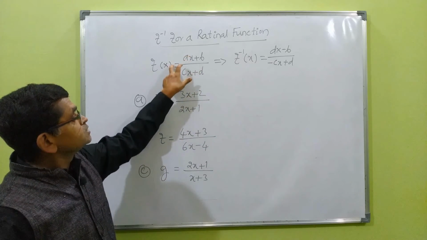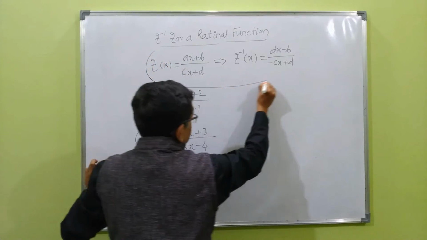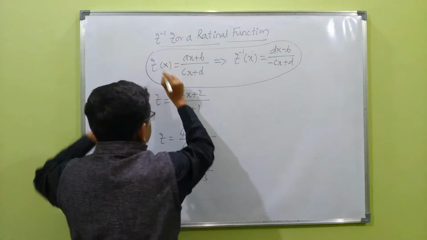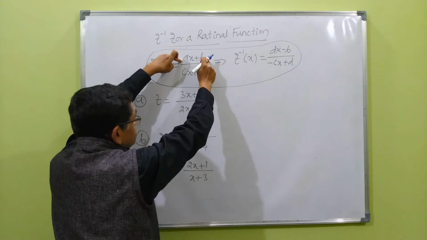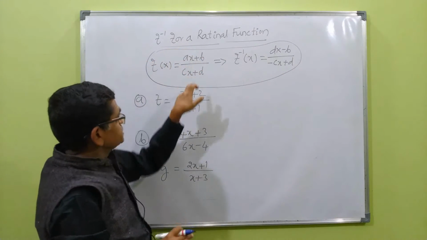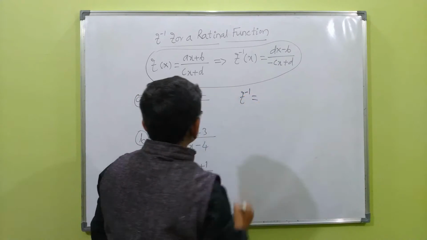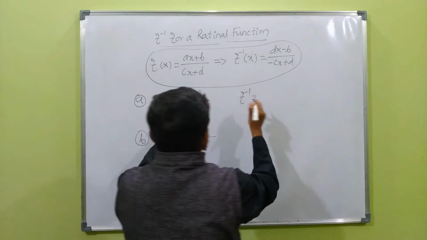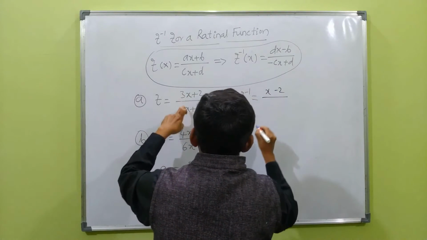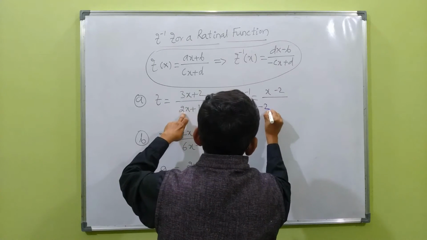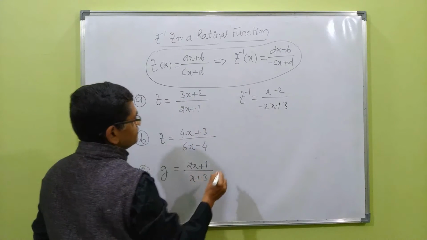So the answer for this is the standard form: dx and a comes here, this is minus b minus cx. Similarly, for this one, f inverse is equal to, what happens? This comes here, x minus 2 divided by minus 2x plus 3. Isn't it? 3 comes here.